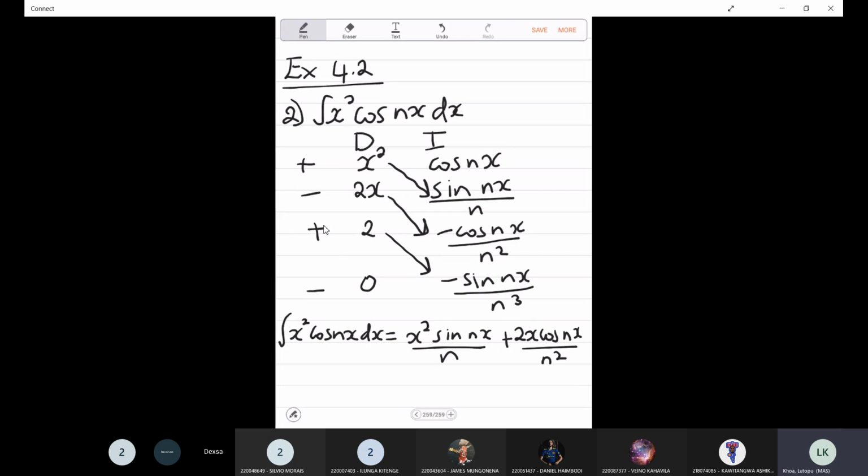Then the next term, positive times negative, is negative. So I have negative 2 sine nx over n to the power of 3. And then the last term would be the integral of that, which is just my constant of integration. And then I am done.